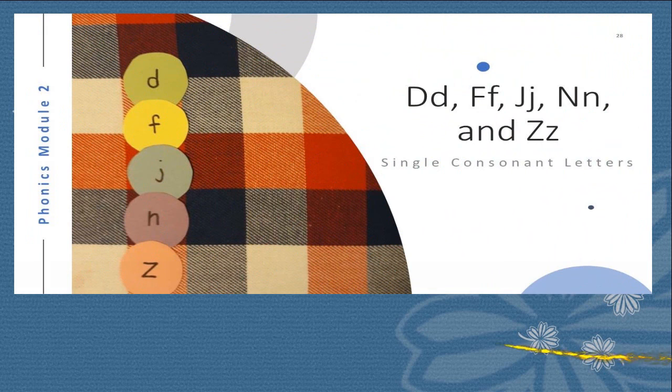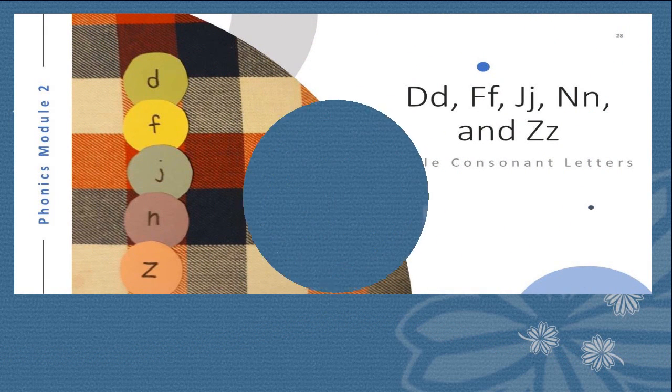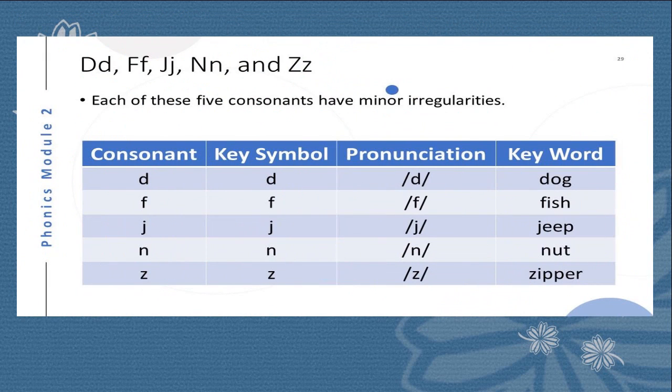Next, we will discuss the letters D, F, J, N, and Z. Each of these 5 consonants has minor irregularities. Say the word fish out loud.